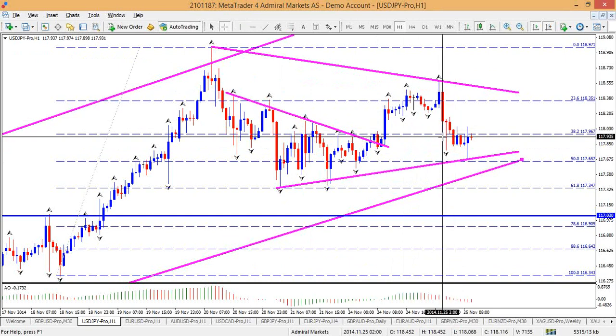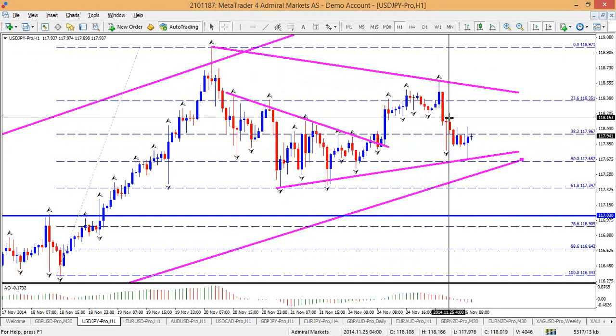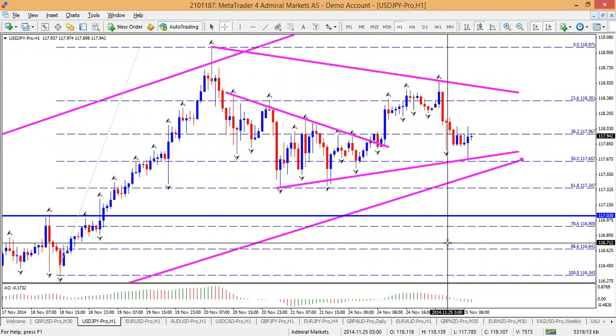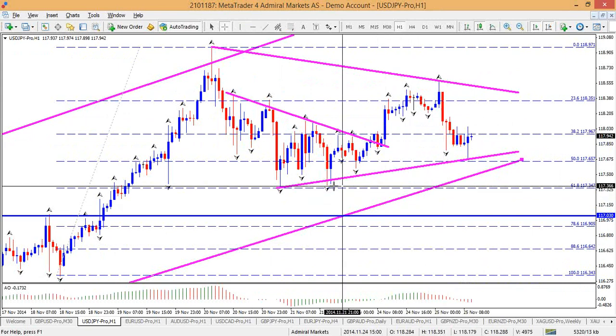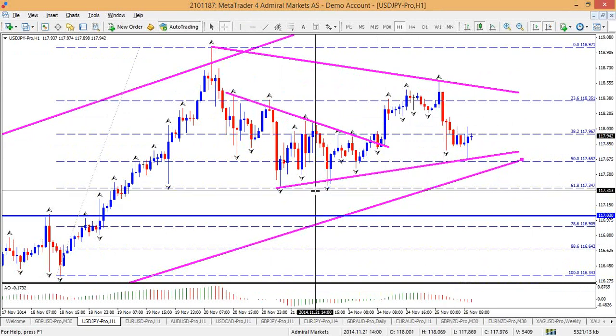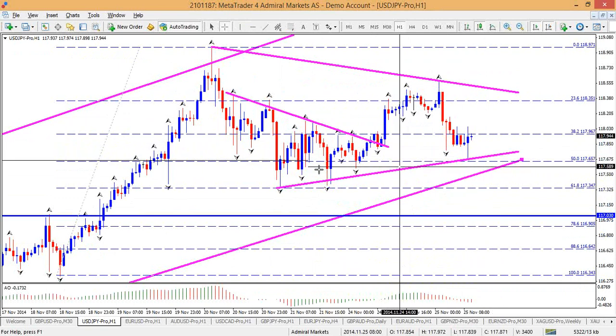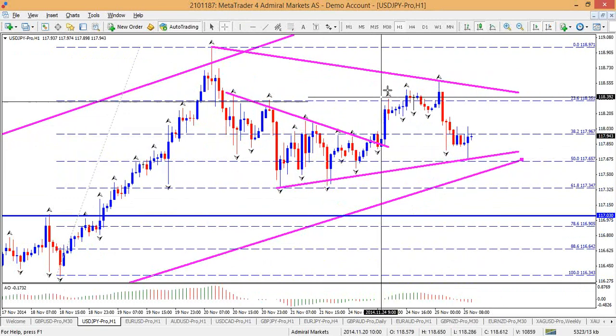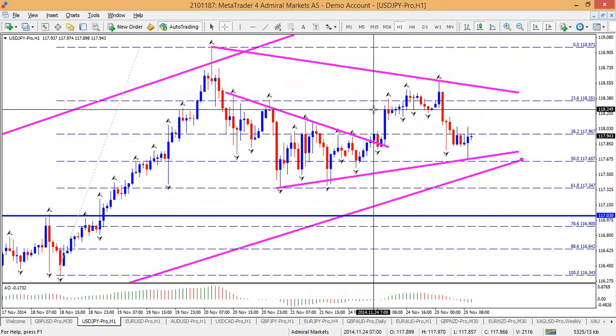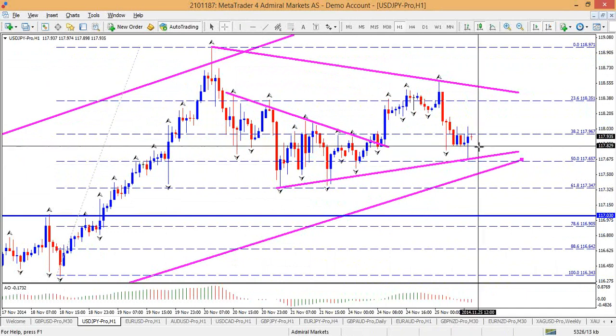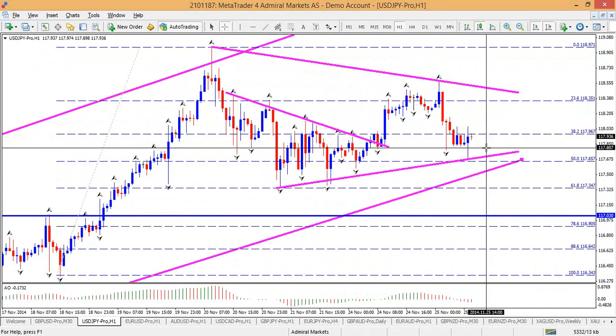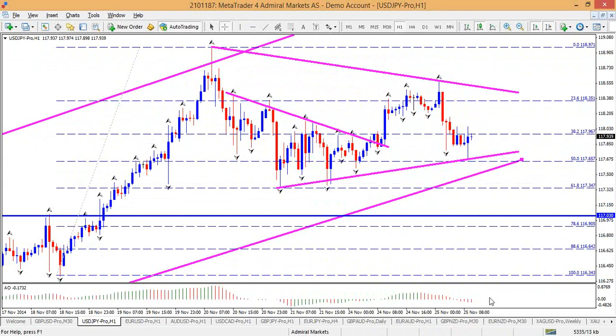So it didn't get many pips out of it, but just a few at least. In any case, price is still actually at the bottom of this wedge, this contracting wedge. So it could still be a bouncing spot with an entry right here or a retracement of this bullish candle.